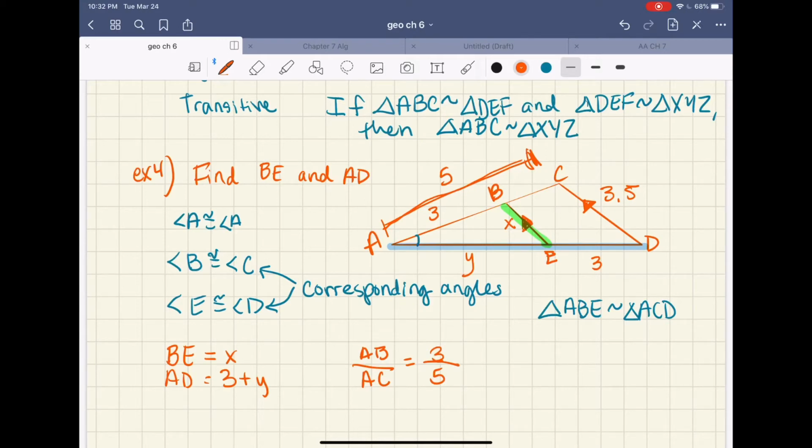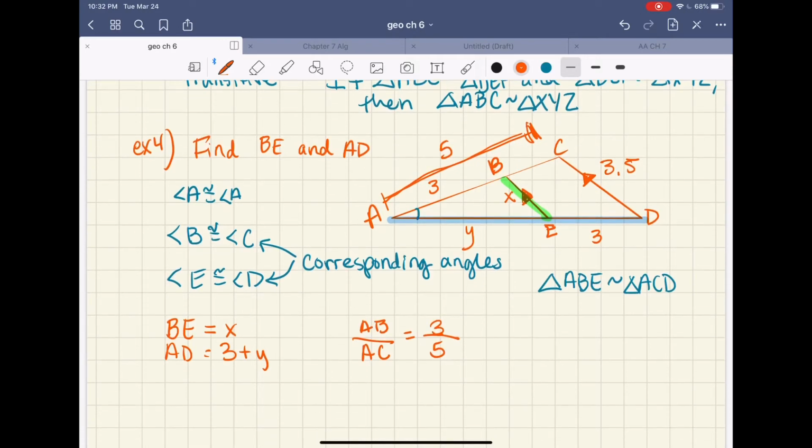This is going to make our lives a lot easier because I noticed that BE needs to be proportional to CD, and also AE needs to be proportional to AD.